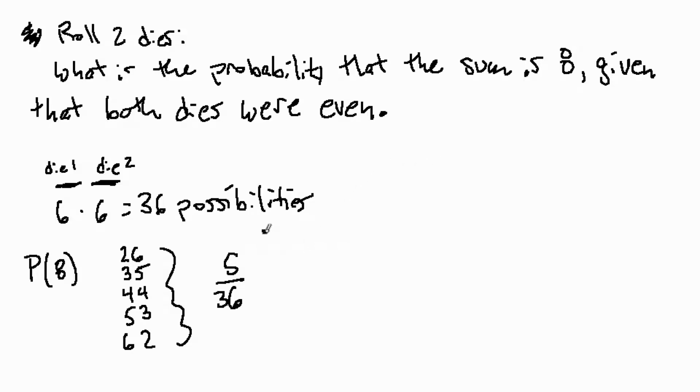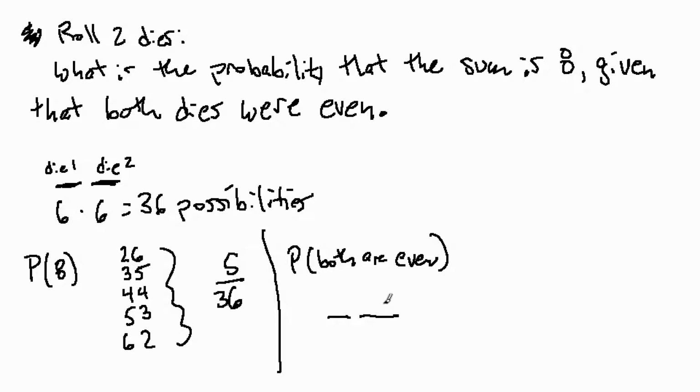If I want to consider the probability that both are even, well, again, let's start counting the ways that we could do this. There could be a 2, a 4, or a 6 over here, and a 2, a 4, or a 6 over here.